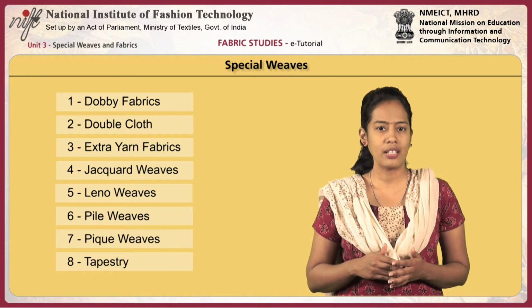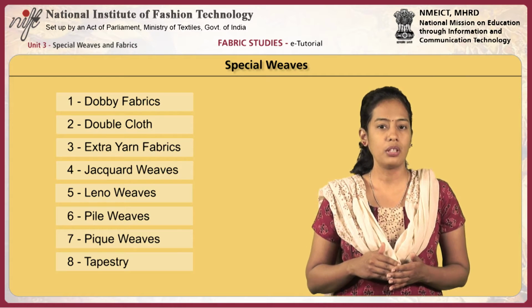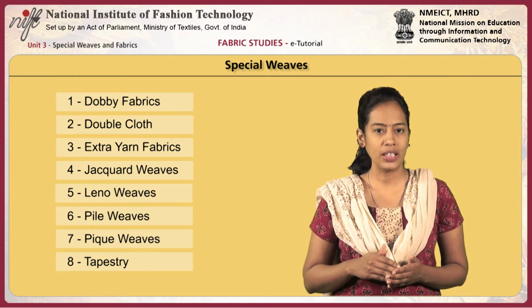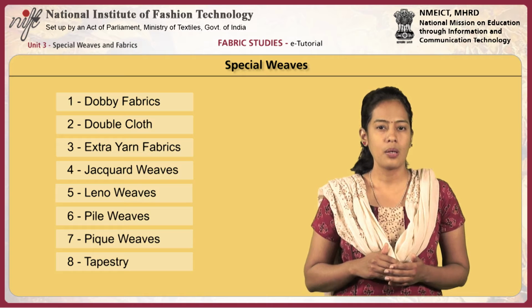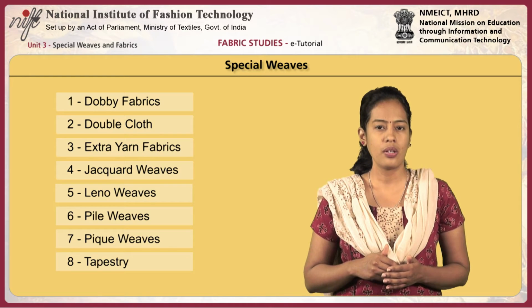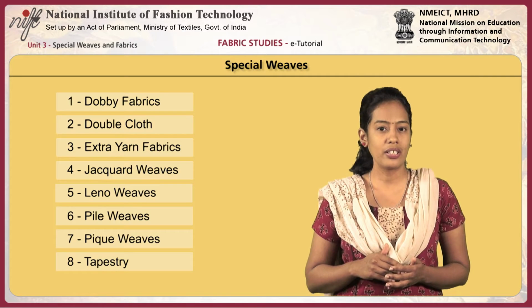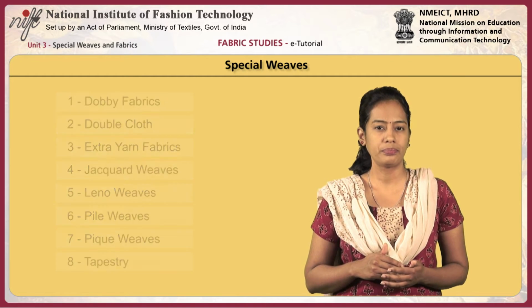Some common fancy weaves include dobby weaves, double cloth, extra yarn fabrics, jacquard weaves, lino weaves, pile weaves, warp pile fabrics, weft pile fabrics, pique fabrics and tapestry. In this unit, we will review these common fancy weaves.